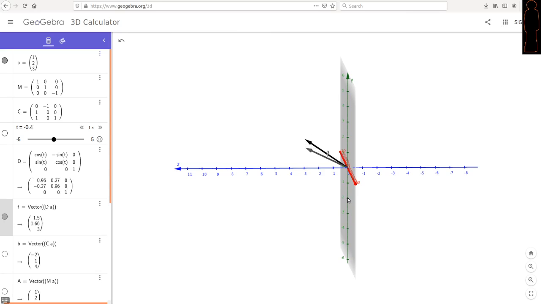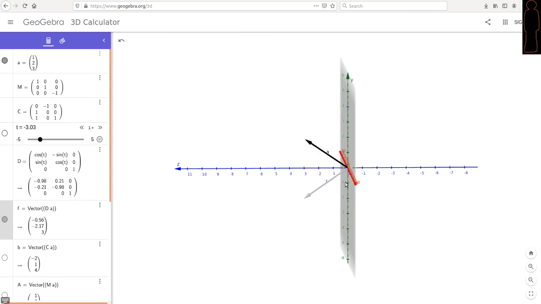I'm not sure if we figured out what's happening, but the idea is that the F vector is rotating. So in effect, what the C matrix is doing is rotating the vector.